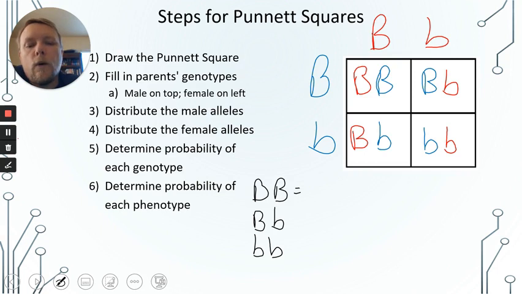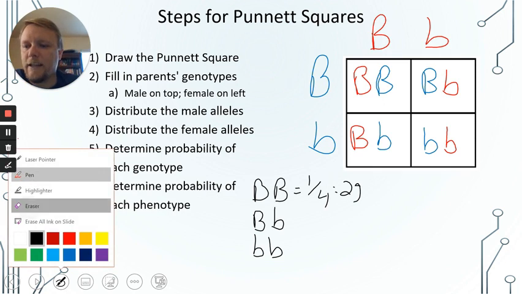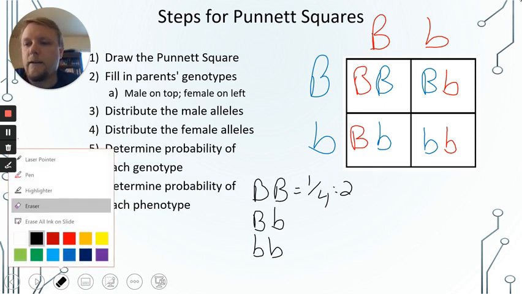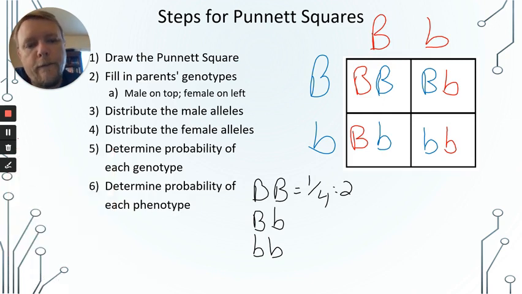So that means it has a 1 in 4 chance, which is also equal to 25. Whoops. Let me erase that and try again. 25% chance on the homozygous dominant, or capital B, capital B.